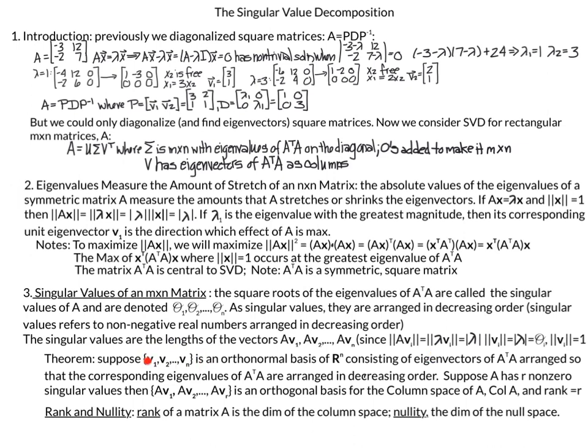If we have this basis from eigenvectors of A transpose A, this theorem says that if A has R non-zero singular values, then AV1, AV2 up to AVR is another orthogonal basis, and it's an orthogonal basis for the column space of A. So if we're given this one orthogonal basis of eigenvectors of A transpose A, we can come up with a second orthogonal basis for the column space of A.